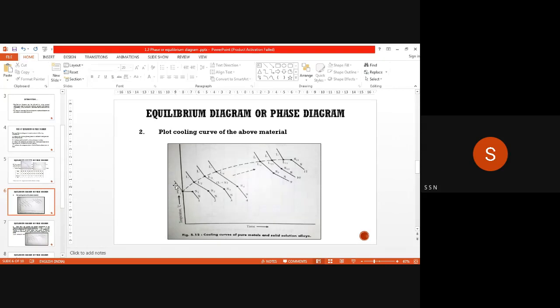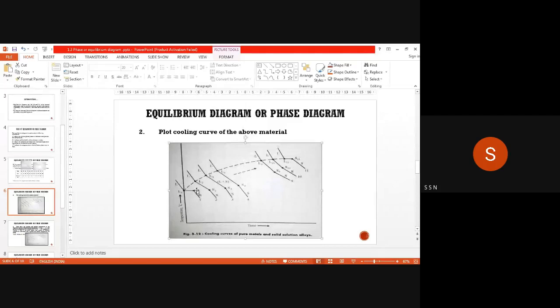So this will be my pure copper metal: the liquid phase, then solid plus liquid phase, and then solid phase. Then for 10%, L2 represents an alloy in which 10% nickel and 90% copper is there. At that time, it is called an alloy or binary solid solution alloy.